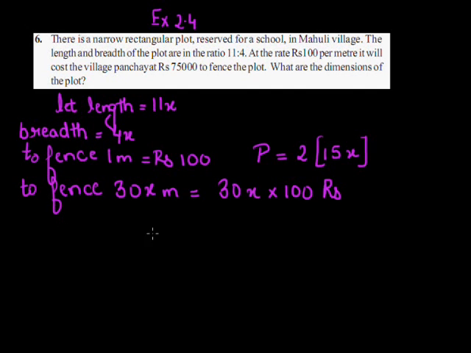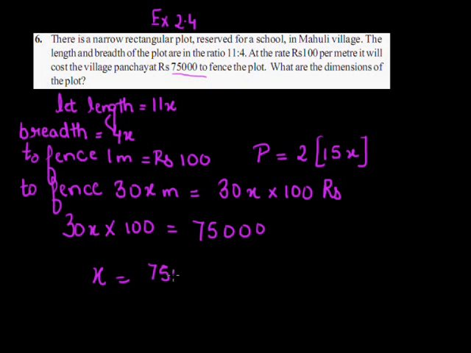Now the cost of fencing the entire boundary is given to us as 75,000. Now I can equate 30x into 100 to 75,000. To get the value of x, 75,000 upon 30 into 100. I can cancel the zeros. The value of x will be equal to 75 upon 3, that is 25.